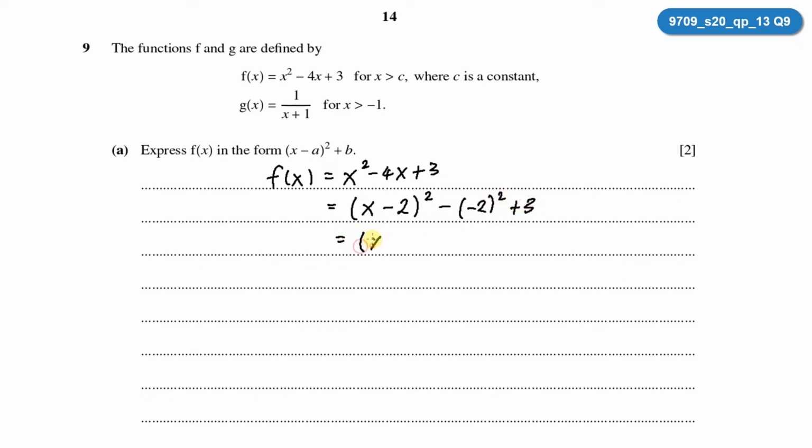So we will get x minus 2 squared minus 4 plus 3, and this gives us x minus 2 squared minus 1. So this here is the answer for part A, where a in this case is 2 and b is minus 1. Let's now scroll down to part B.